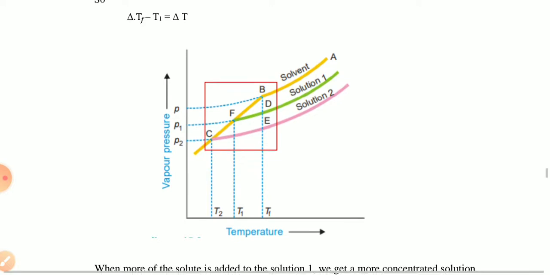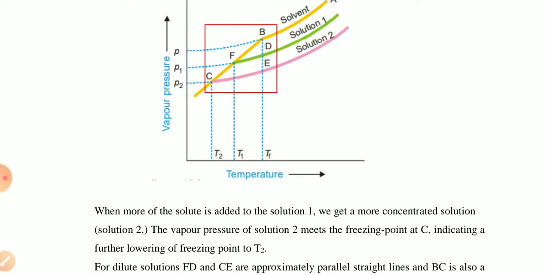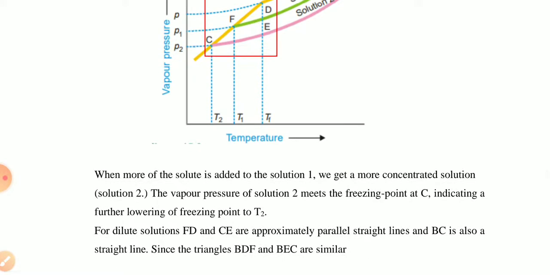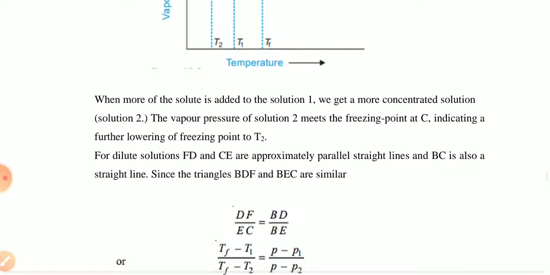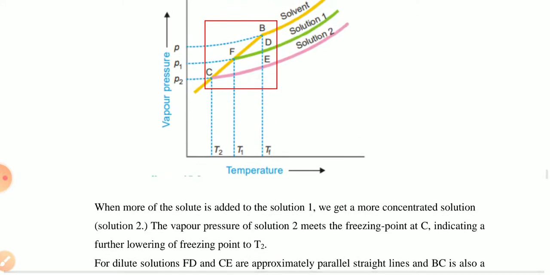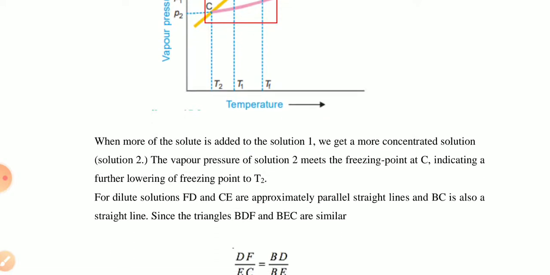This is the pressure-temperature diagram of the solution. When more solute is added to solution 1, the solution becomes more concentrated. The vapor pressure curve of solution 2 meets the freezing point curve at C, indicating a further lowering of the freezing point to T2. Now, for the dilute solution, FD and CE are equal, and BC is also a straight line.